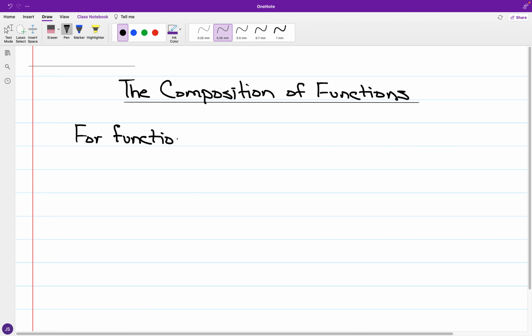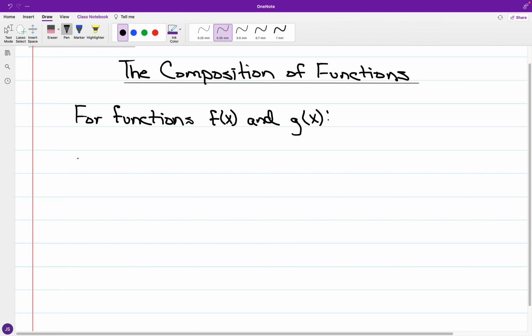Okay, so for functions f of x and g of x, for the composition notation, you have a circle that separates the variables. It has nothing to do directly with the sum, difference, product, or quotient functions. But for that, we'll cite the letter o. Some might call this fog x.